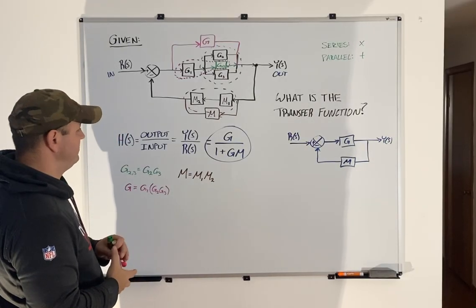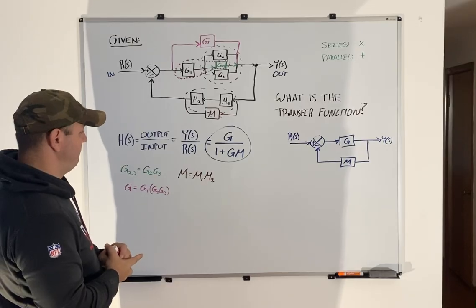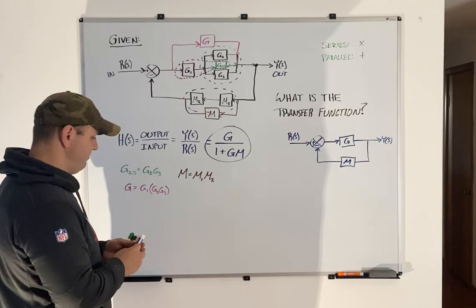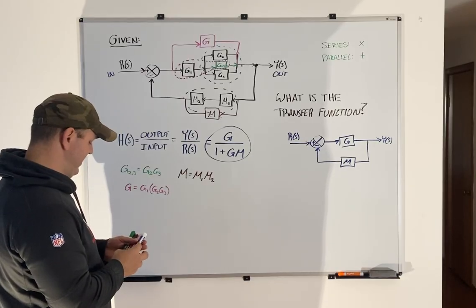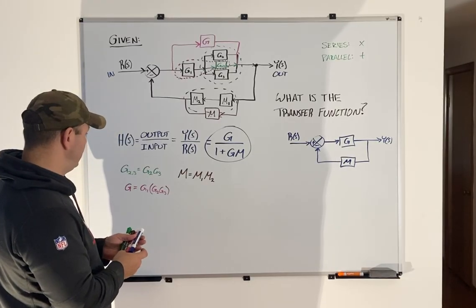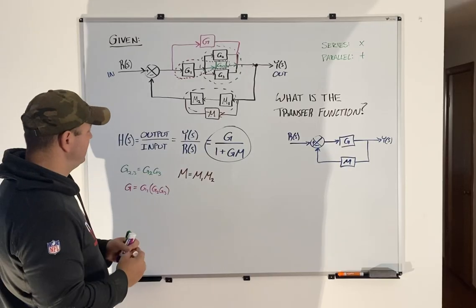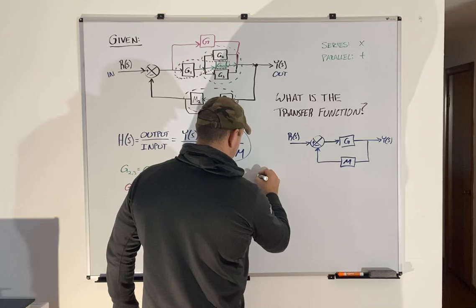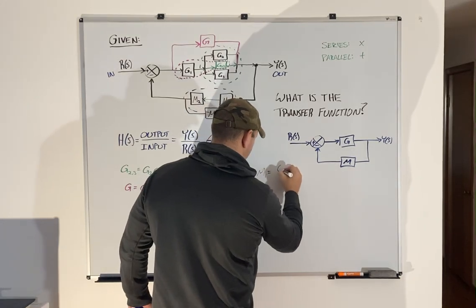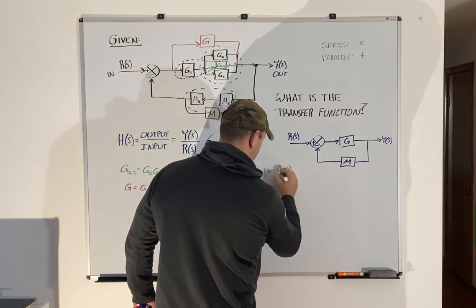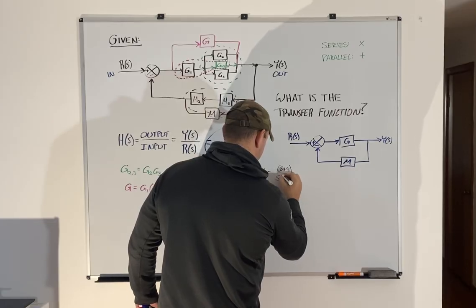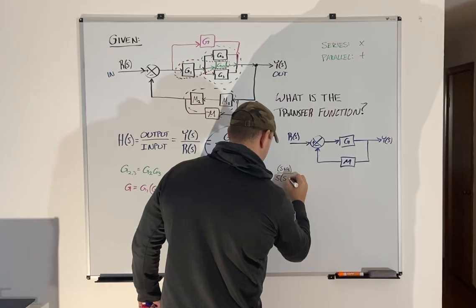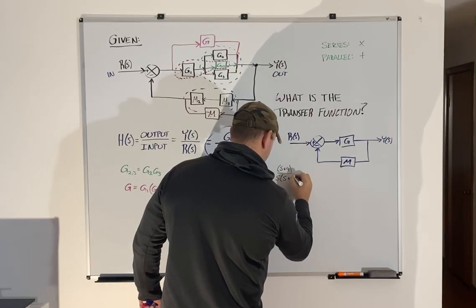Now let's say you were actually given plant values there, where like, let's just do one for an example. Let's say that M1 was equal to S plus 4 divided by S plus 2.